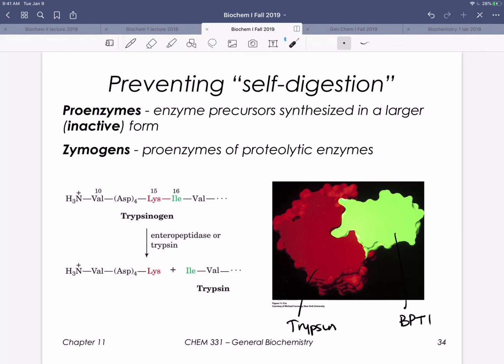The last thing to highlight here is, not only do you not want these proteases becoming active in your pancreas where they're made, we also don't want them to be active if for some reason they happen to get out into our bloodstream. So within your bloodstream, you actually have a trypsin inhibitor protein. This is called BPTI because it's bovine pancreatic trypsin inhibitor.